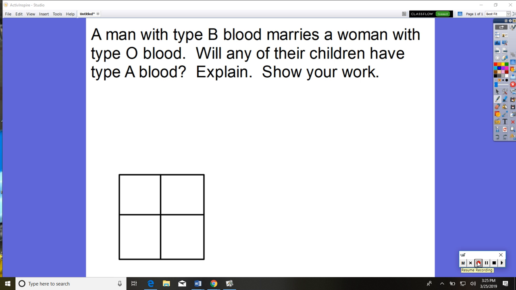So in order to answer this question, we have to decide what the genotypes of the man and the woman are. If the blood type is B, that is the phenotype. And as you remember from the video, blood type B can have two different genotypes.